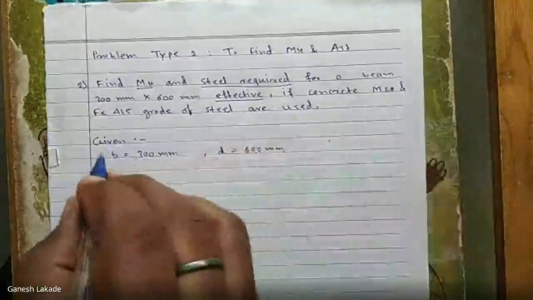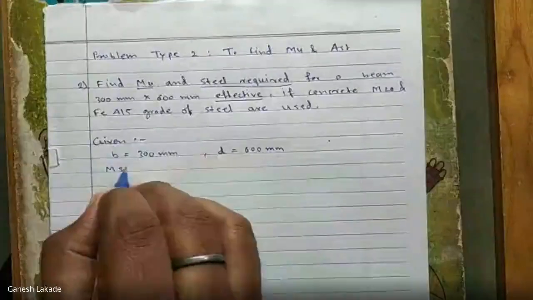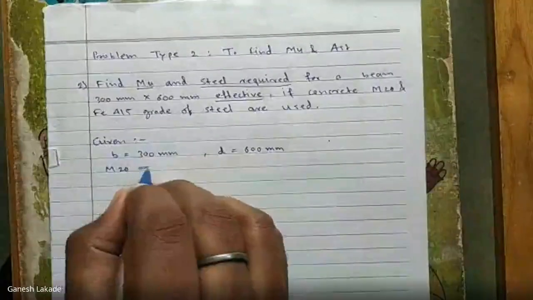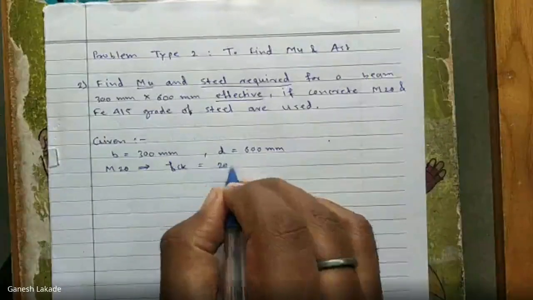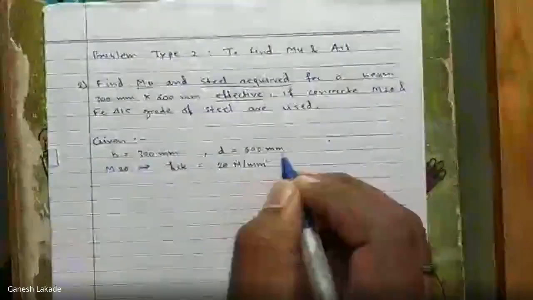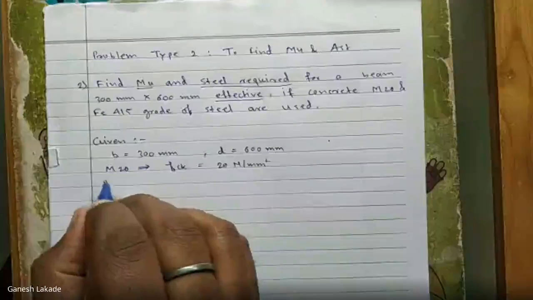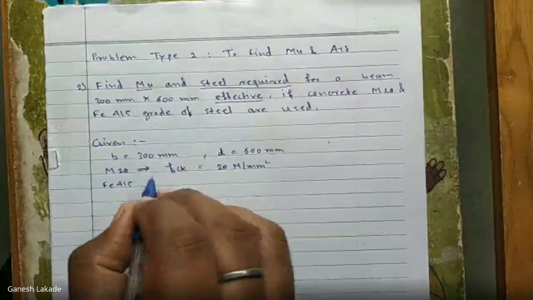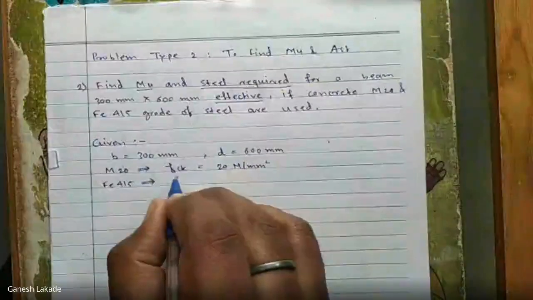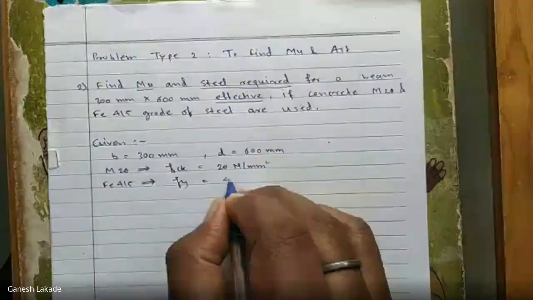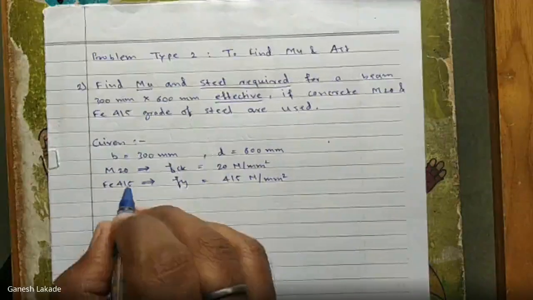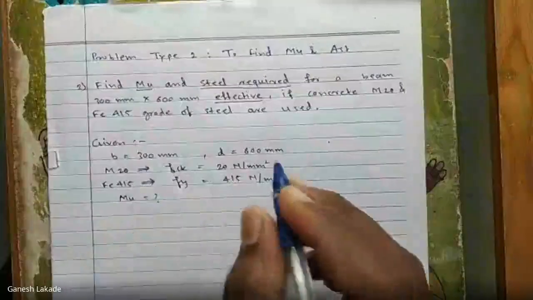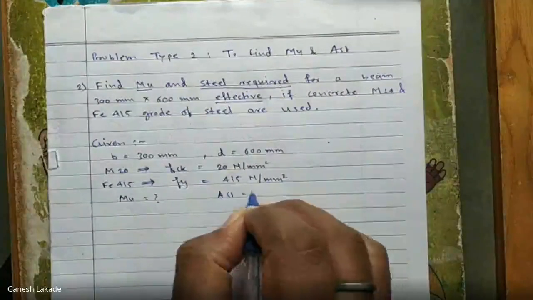Along with that they have given M20 grade concrete, so the characteristic strength of concrete will be 20 Newton per mm square, and Fe 415 grade of steel is to be used, so the characteristic strength of steel is 415 Newton per mm square. We have to find the value of MU and AST, the area of steel required.